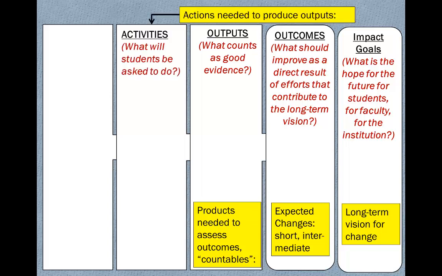And then the activities piece is, what are the actions or the activities that students are doing to produce the outputs? So the reason I tend to see a missing outputs piece is because there's usually a focus, and you can, again, I hope you're being reflective to what you've already designed and the conversations you've already had around your own projects.